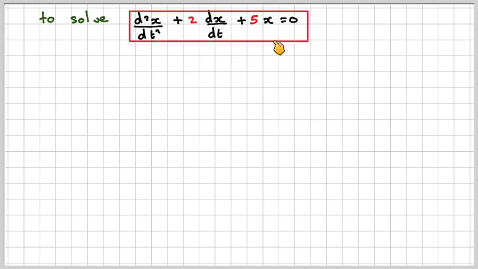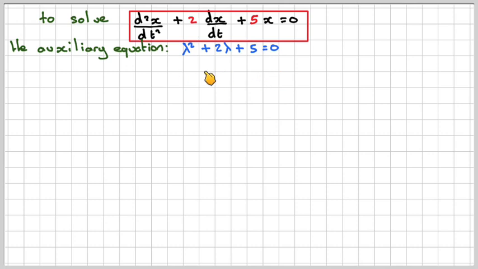Right, so our differential equation that we're going to solve is the acceleration plus 2 times the velocity plus 5 times the displacement is equal to 0. To solve this we need an auxiliary equation. This is a homogeneous equation. So it will be lambda squared plus 2 lambda plus 5 is equal to 0.